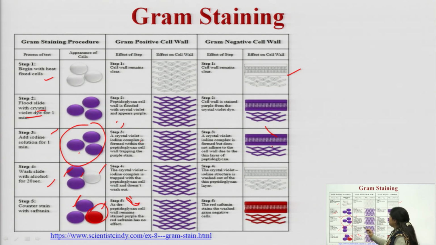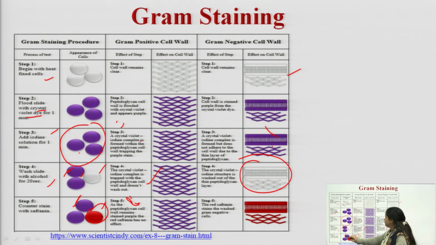After that, when we wash with alcohol, what will happen? The crystal violet iodine complex is washed out of the thin peptidoglycan layer, as gram negative bacteria have a thin peptidoglycan layer. So the primary stain will get removed from the gram negative bacteria, whereas it will be retained within the gram positive bacteria.